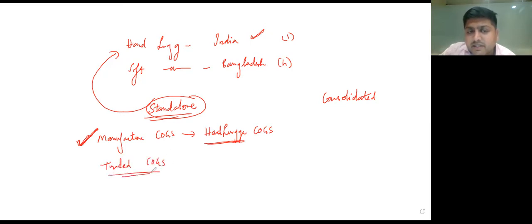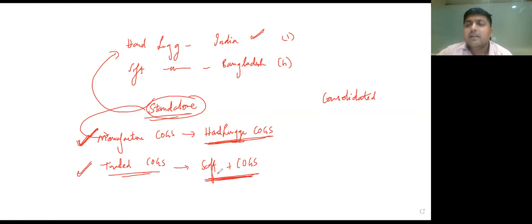These traded COGS for standalone will include soft luggage COGS as well as soft luggage imported from China, because that is something present in the con call as well, right? So soft luggage COGS will be part of the traded COGS. Got it? So hopefully, you guys have got this part.